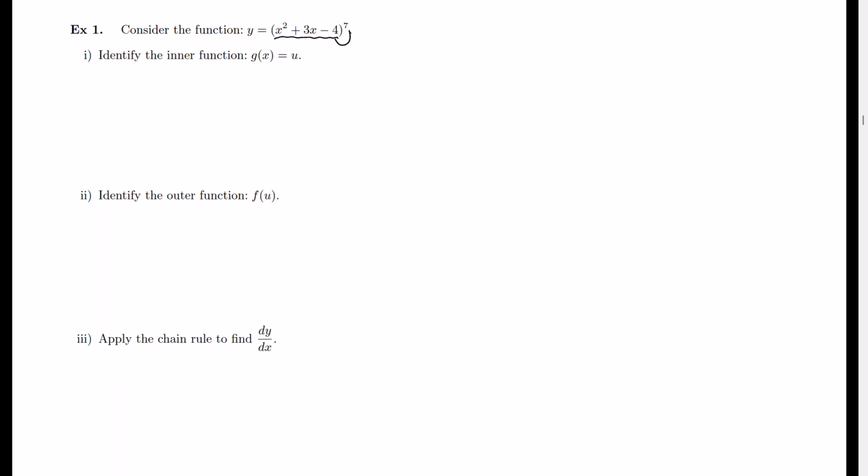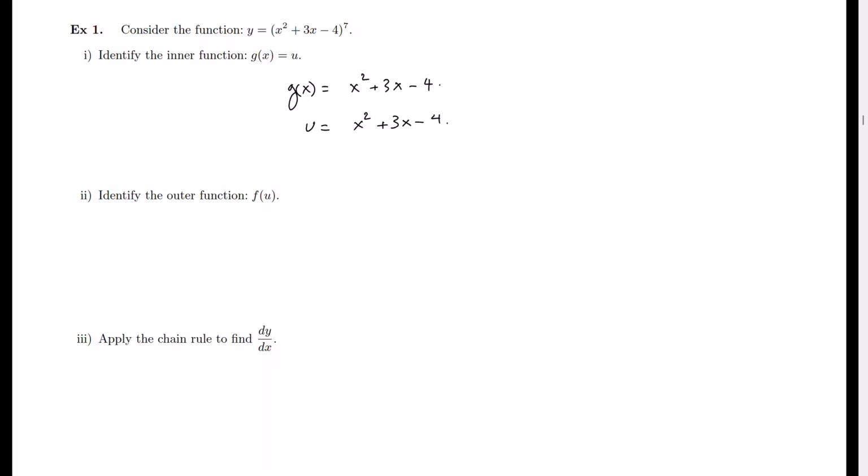That's the base that's being raised to the power of 7. So in this particular problem, we can say that the inside function is x squared plus 3x minus 4. Sometimes we call it g of x, sometimes we call it u. It doesn't matter what we call it. The inside part is x squared plus 3x minus 4. That's the u of the problem.